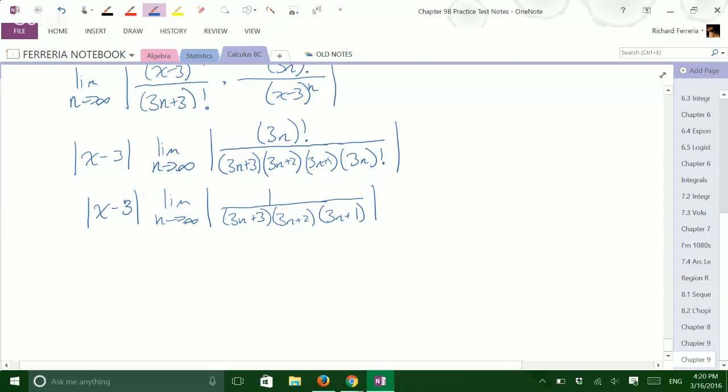Okay, from here, this is equal to 0, which is always less than 1. So the series converges for all real numbers. How did I write that here?